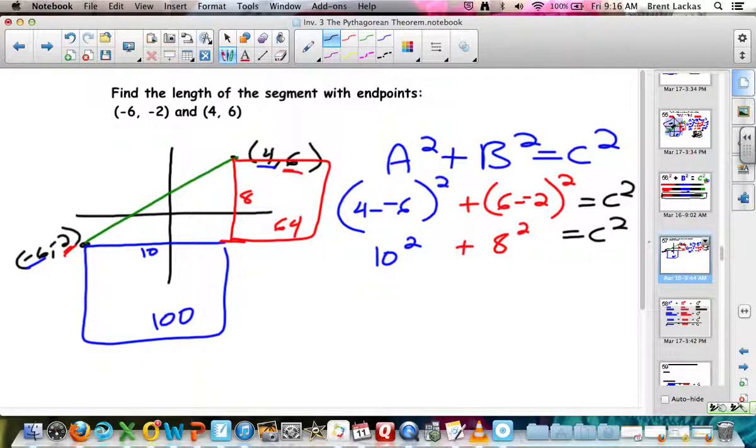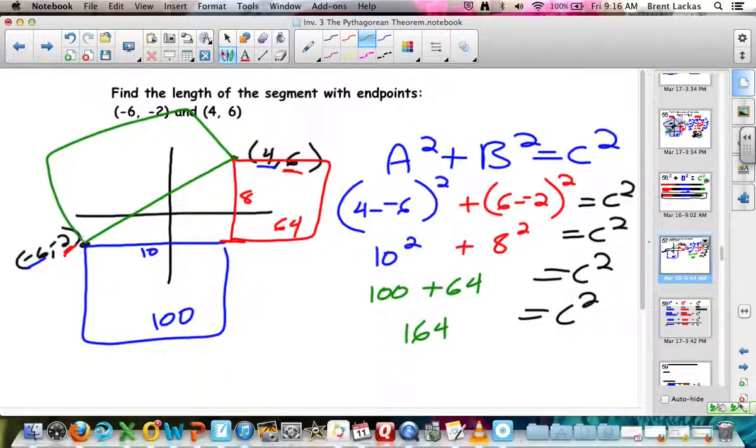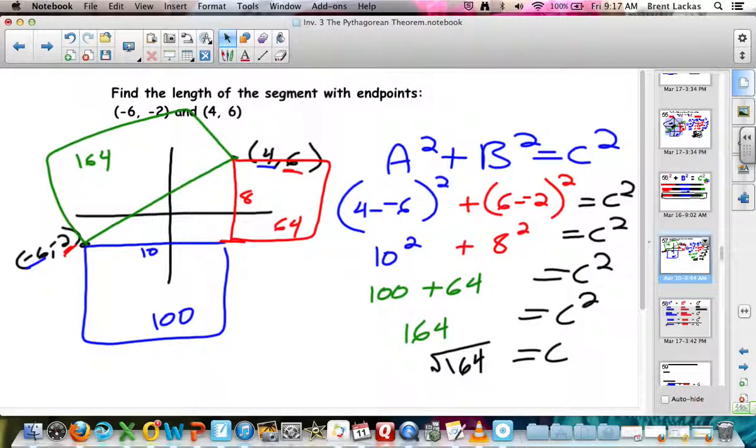When I add them together, 100 plus 64 equals 164. 164 represents the area of the hypotenuse square. And so if the area of the hypotenuse square is 164, its side length is the square root of 164.